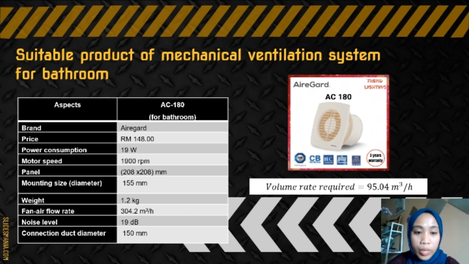It is also lightweight, only 1.2 kg, and most importantly, the flow rate is also more than the requirement, at 304.2 meter cube per hour. The noise level is much lower, at 19 decibel, and it also has a connection diameter of 150 mm.